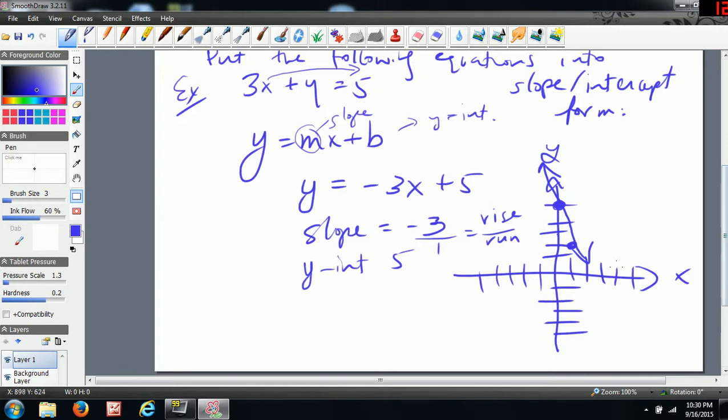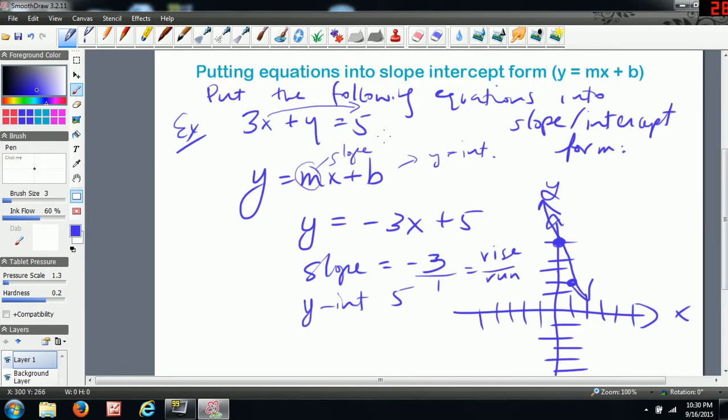If you want to see where it crosses the x-axis, you could just find the x-intercept of this equation easily by setting y equal to 0. Over here we would just set x equal to 0 to find the y-intercept, sorry.